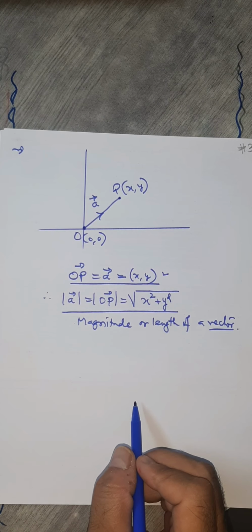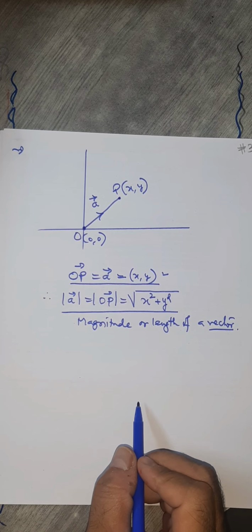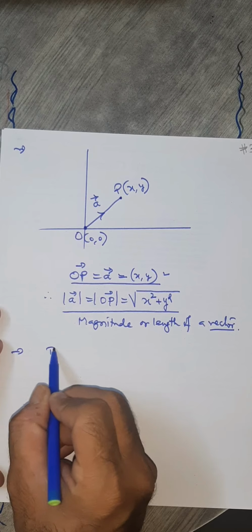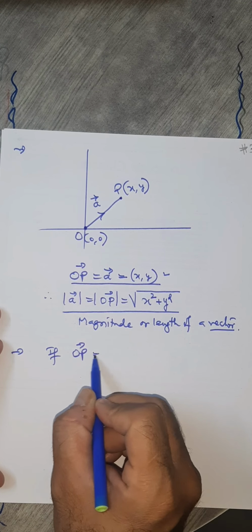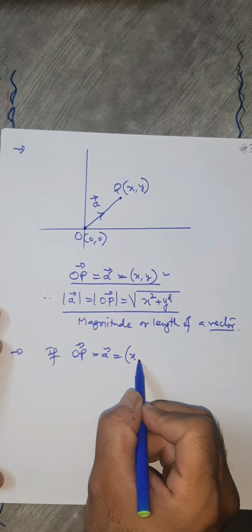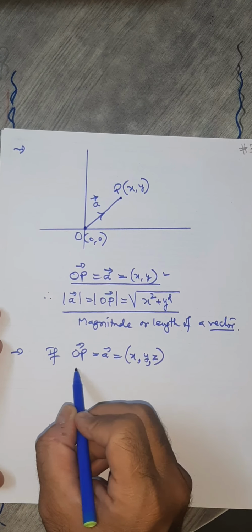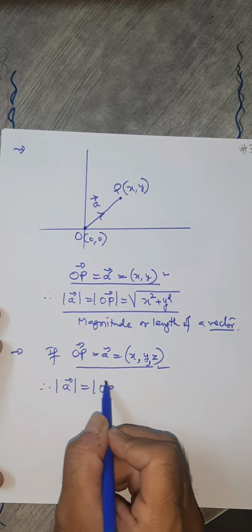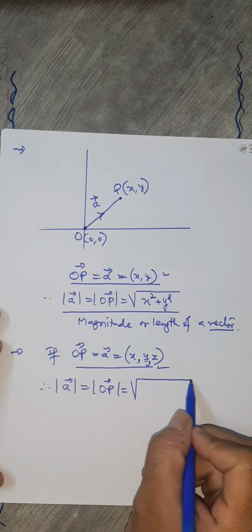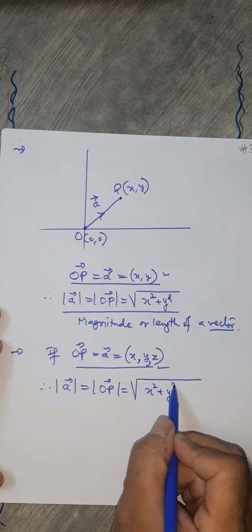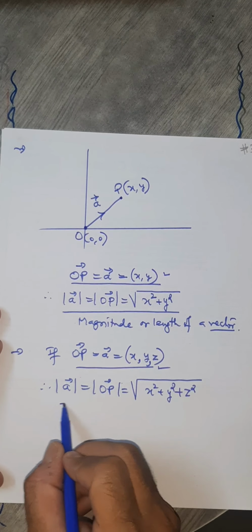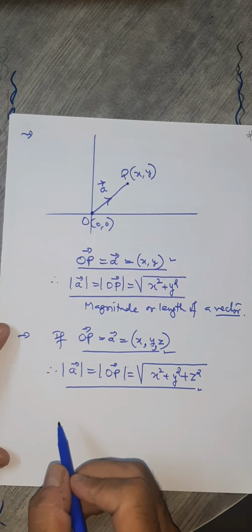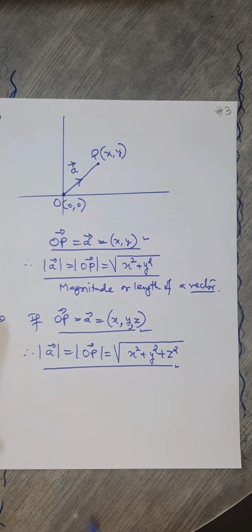If you have a vector in R3, for example, if you consider a vector with position vector like this, so if vector OP, let's say vector A with x, y and z here, as a position vector, then the length of the vector A, which is equal to the length of the vector OP, is given by root of x square plus y square plus z square. Same way, just here you have three components. This is the definition of magnitude of a vector, remember.